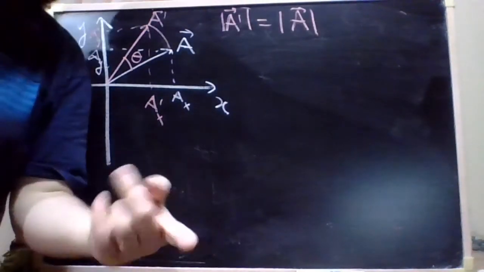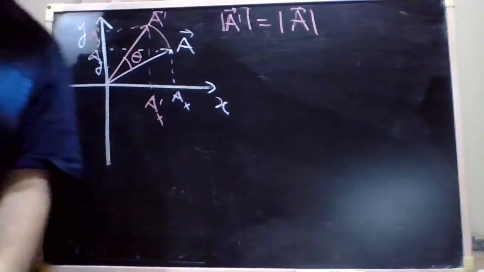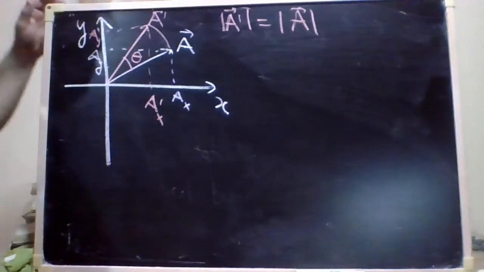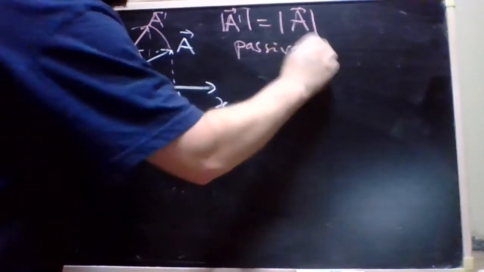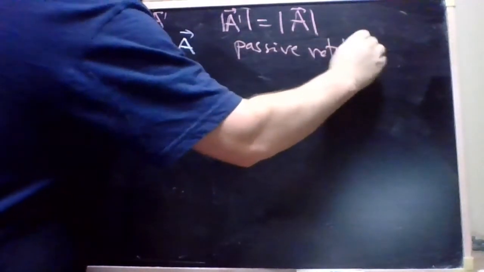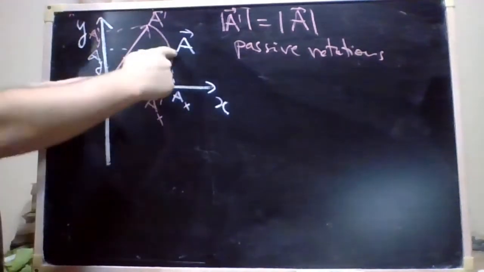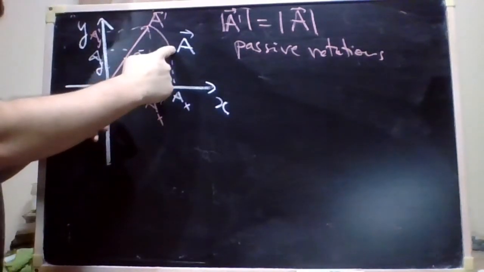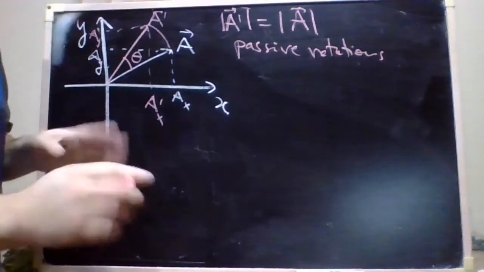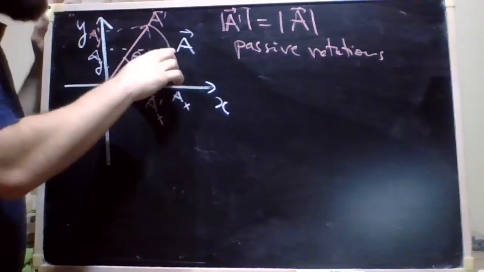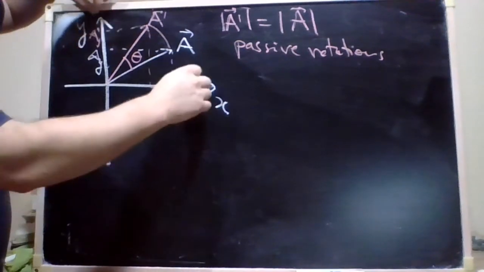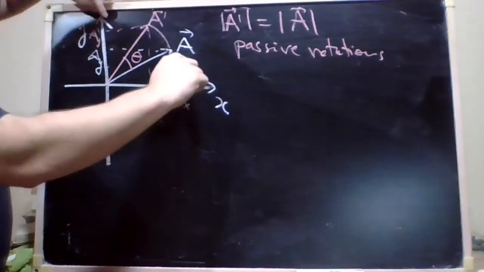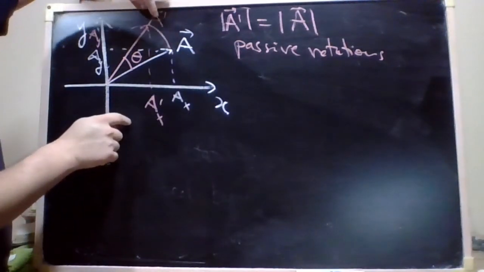There are two distinct languages. The first is called passive rotations, where you keep the vector unchanged and you rotate the coordinate system, in the clockwise sense here.